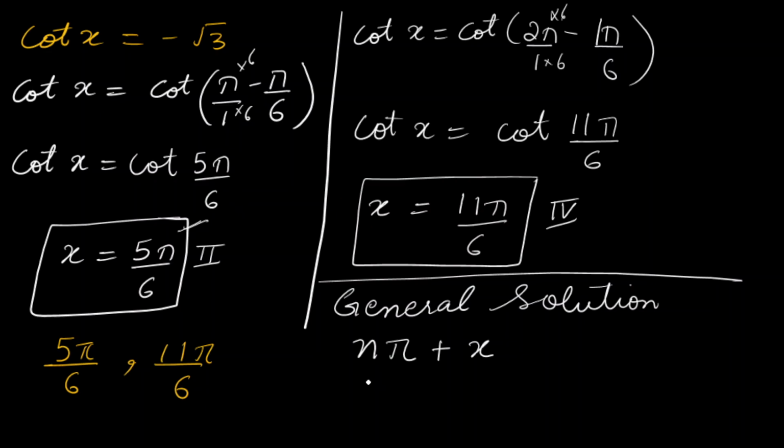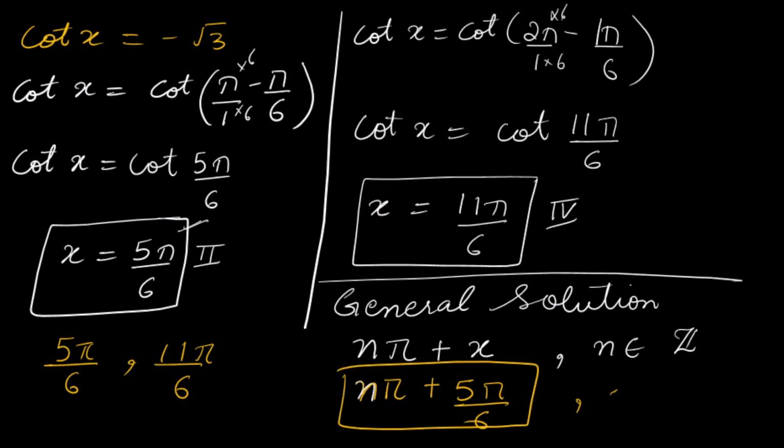So n pi plus 5 pi by 6, and n belongs to integers. So this is the general solution.